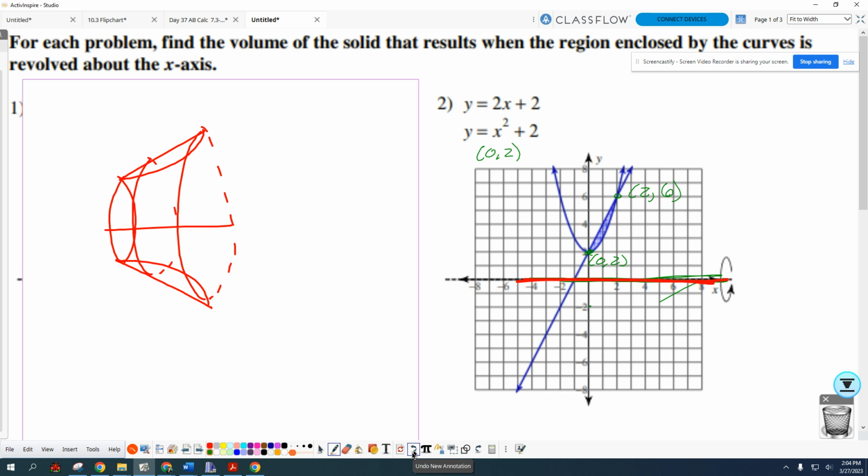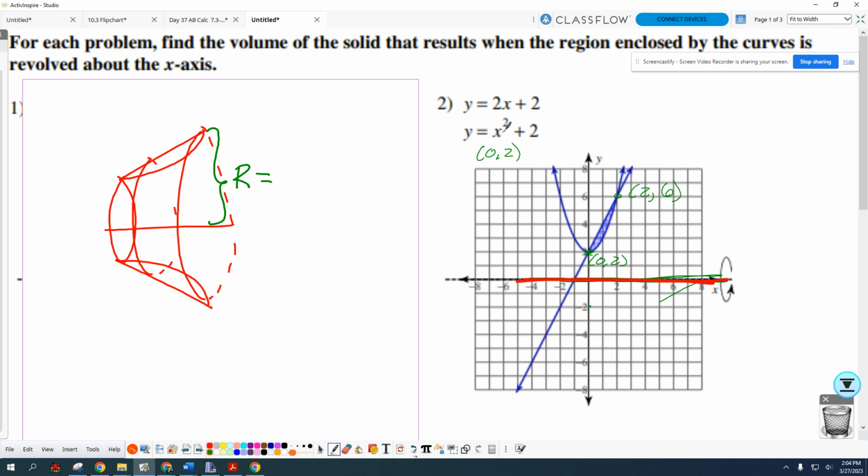To find the volume, I need to do the area. Francis, what is the radius to the very outside line? The furthest away thing, is it the straight line or the parabola?